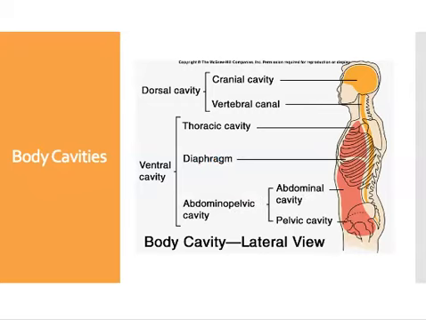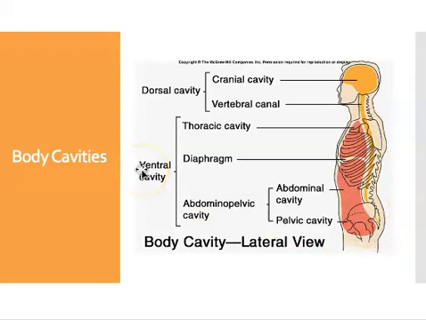On this slide, we're looking at a human standing upright, facing to the left. So on this slide, we can see both the dorsal cavity and the ventral cavity. If we look at the dorsal cavity first, we can see the cranial cavity and the vertebral cavity.